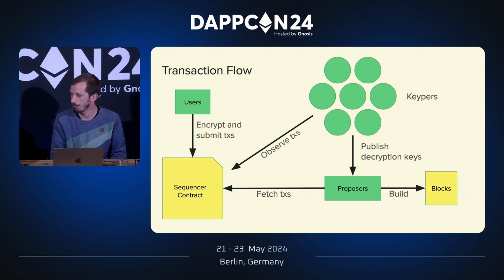And for those invalid transactions, the user would still have to pay the initial gas fees to actually get them into the contract. So that would prevent them from just spamming invalid transactions. Yeah, that's a very important point. You need to pay the fee at the sequencer contract because at this point it's already decided that the transaction will be included, and we need it as a sort of spam prevention.